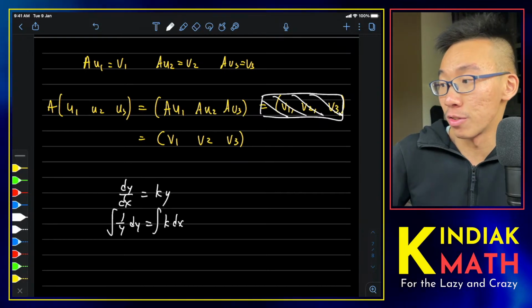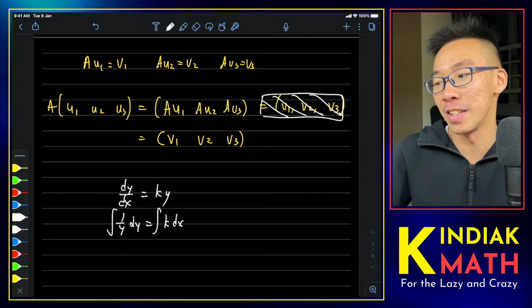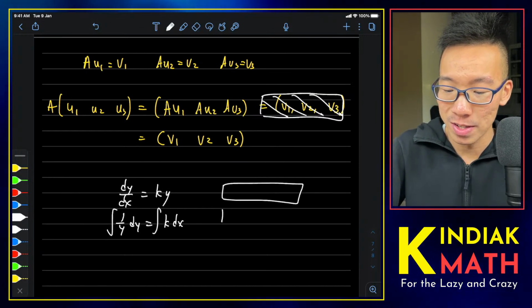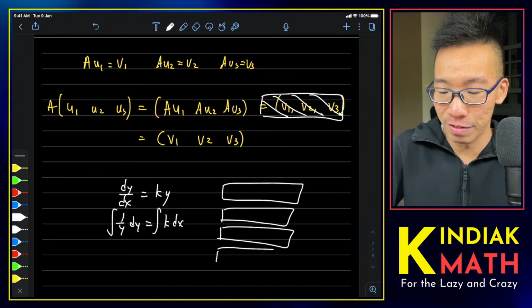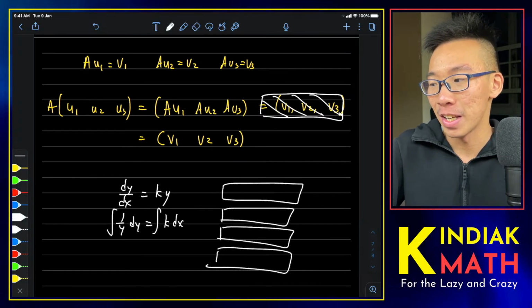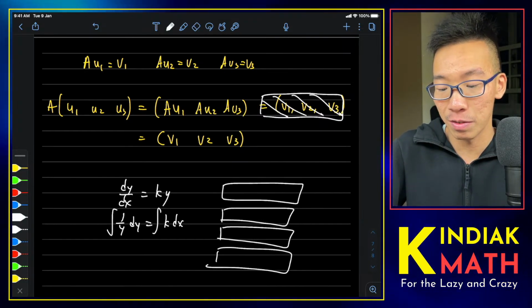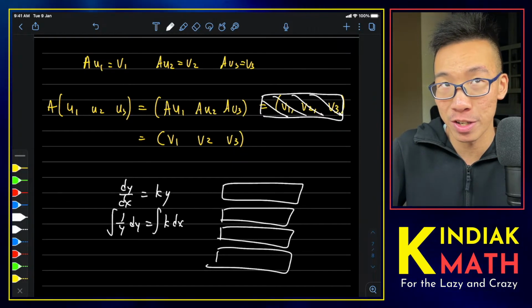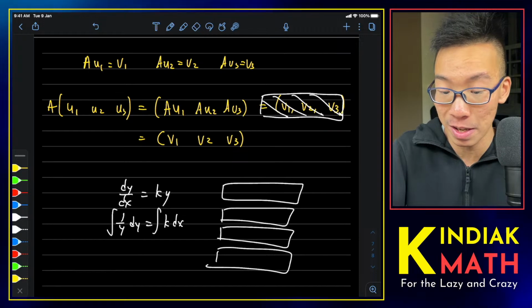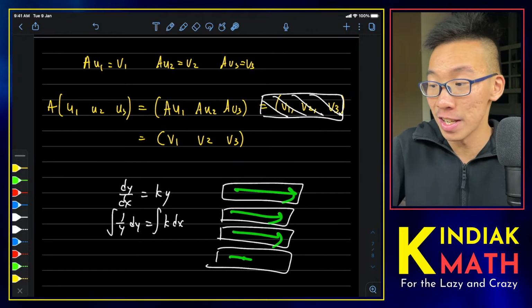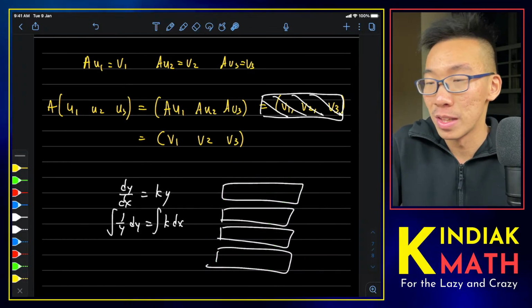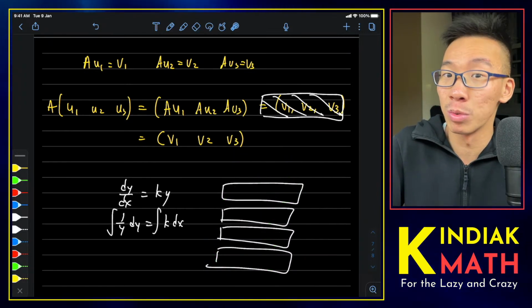And the answer is, you're not wrong. They actually did that, did the integration. But here's the fun part. What happens when you have whole systems of differential equations? It turns out that you can rephrase the differential equations. In some sense, each equation here is a differential equation, and you want to solve them all in one shot. Linear algebra provides you with really powerful tools to do so.